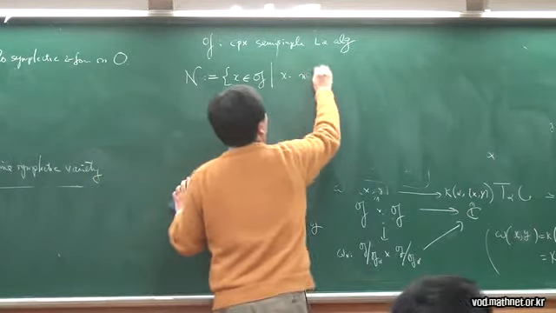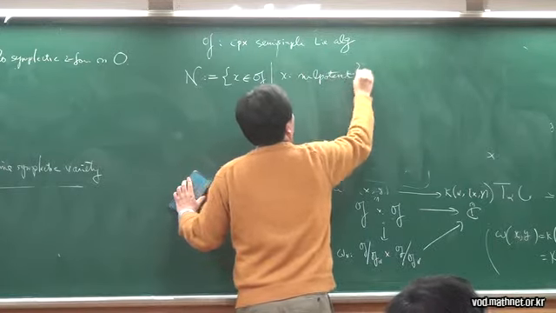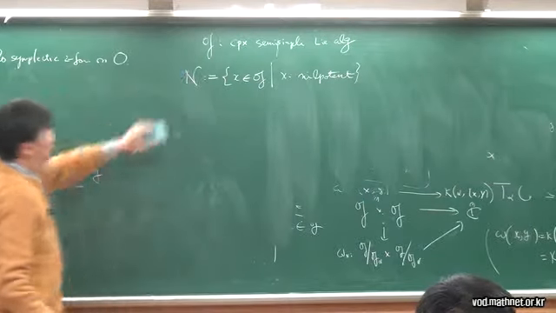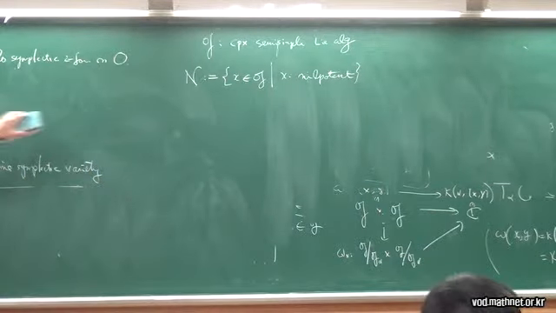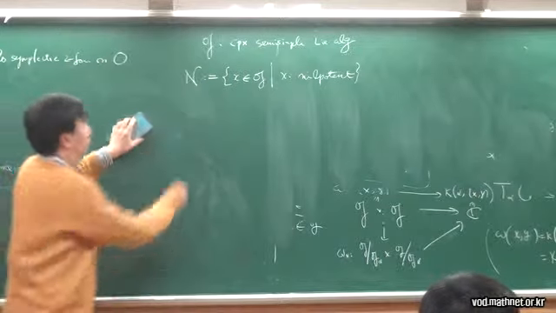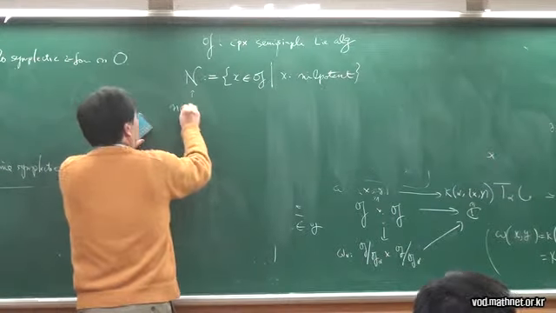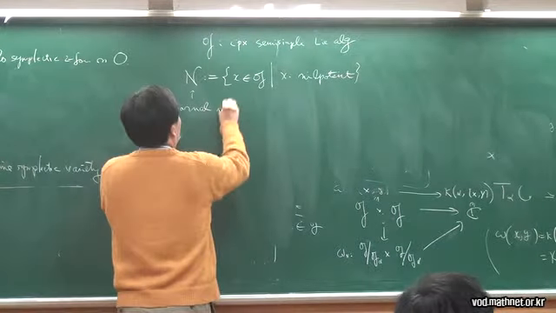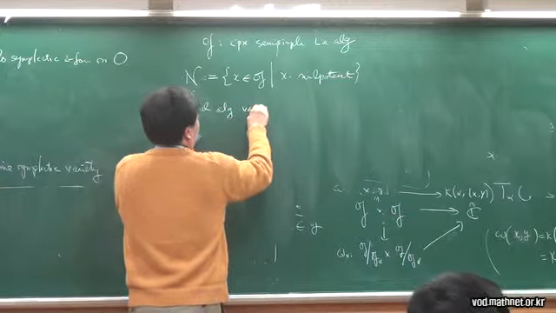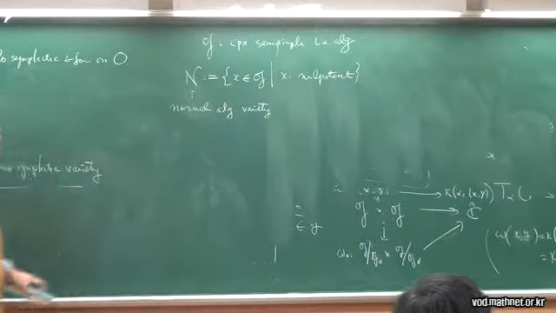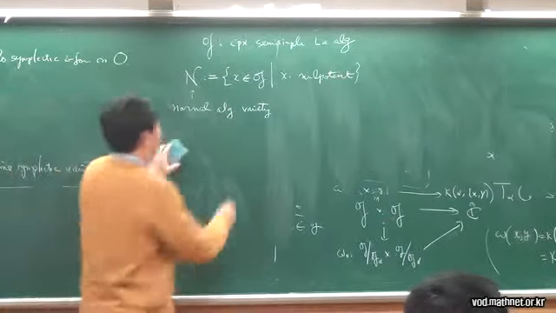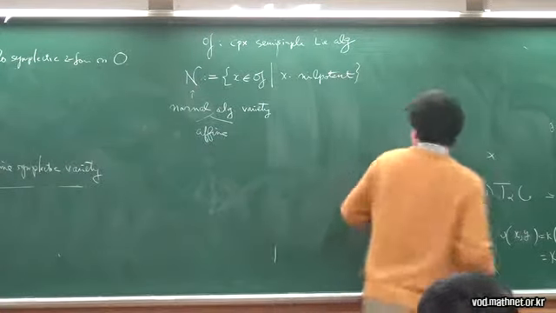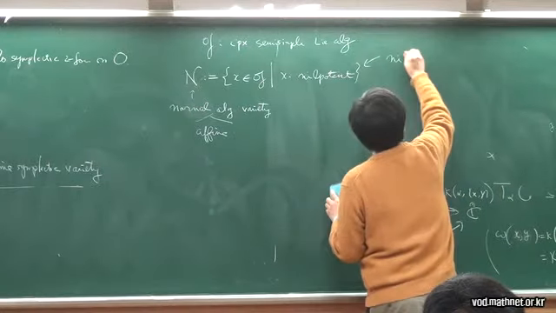A priori it's a set, but it carries an algebraic structure, and it becomes a normal algebraic variety. We need some proof for normality. Of course, it is affine. Yes, this is called the nilpotent variety.